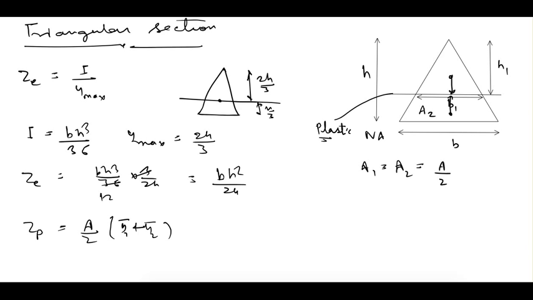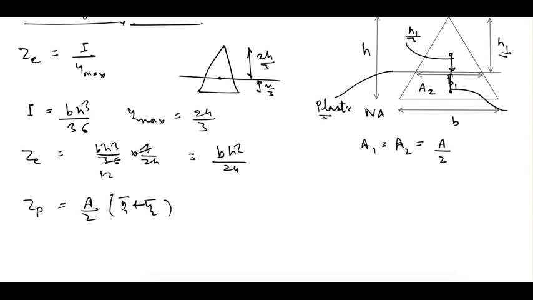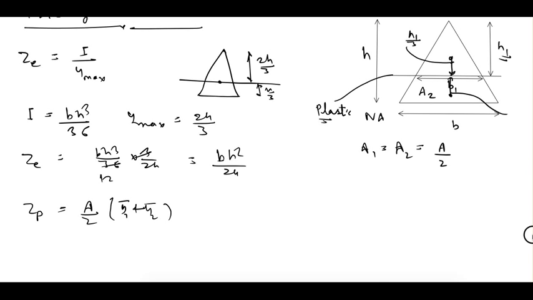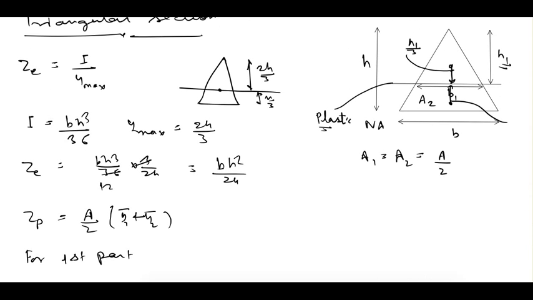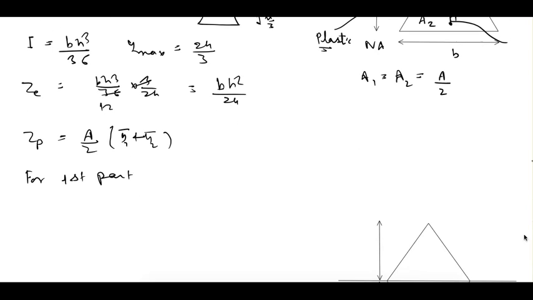So if this depth is h1, this depth would be h1 by 3, and for this part we will need to calculate. So let's see one by one. For the first part, let's find out h1 in terms of h first. So the area of this above part A1 we can write as 1 by 2 into b1 into h1.